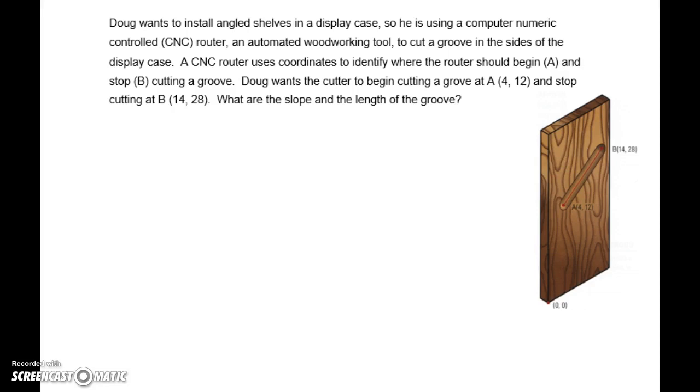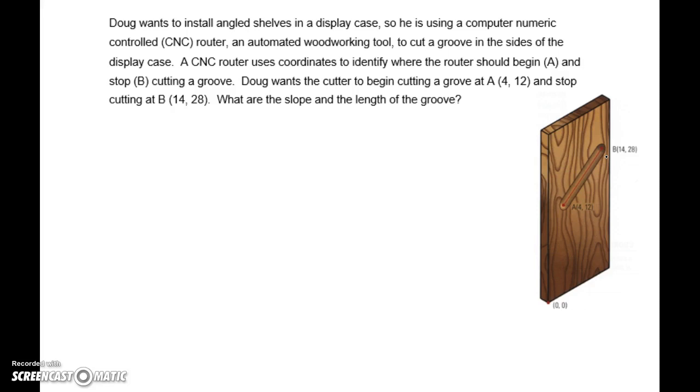A CNC router uses coordinates to identify where the router should begin, which is point A if we're looking at our little picture over here, and it stops at point B when it's cutting a groove. Doug wants the cutter to begin cutting a groove at A, which is at 4 and 12, and stop cutting at B, which is at 14 and 28. So what are the slope and the length of the groove?